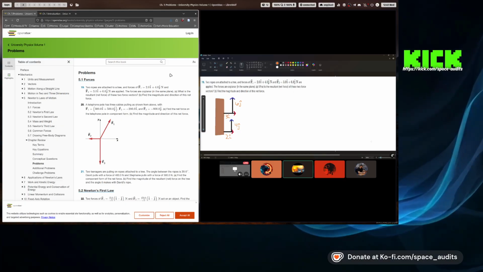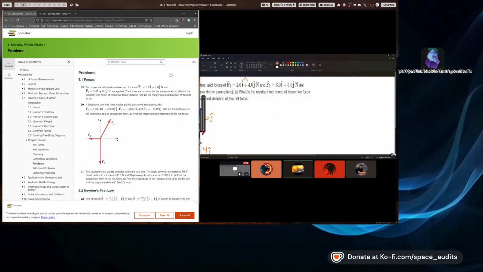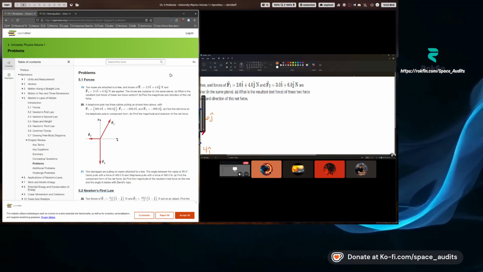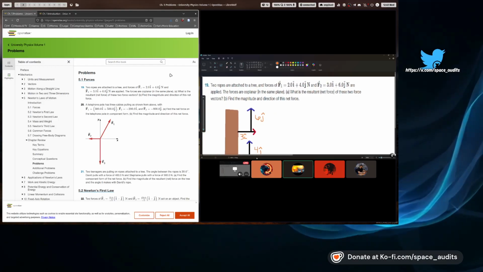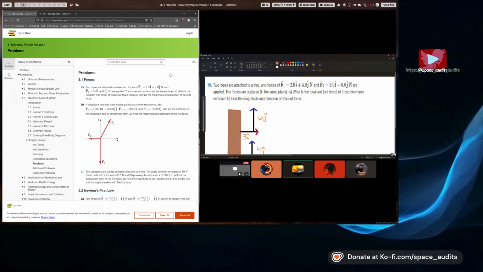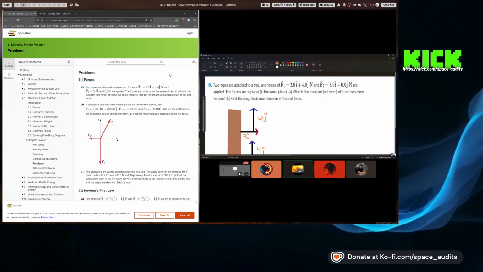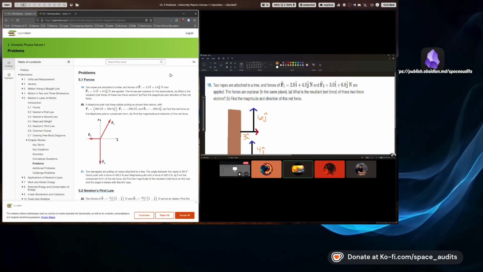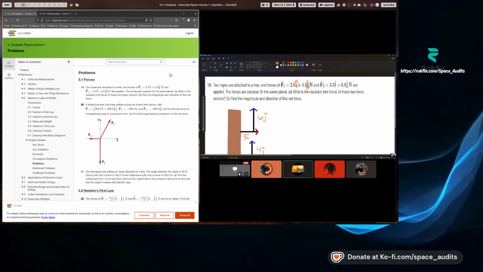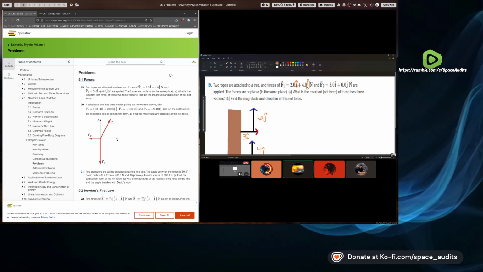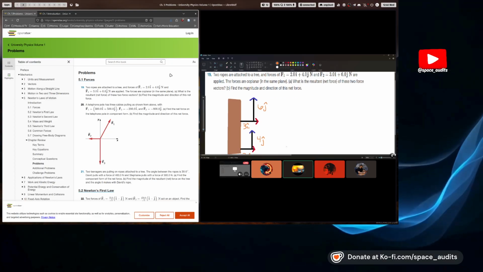It looks like a little hat symbol right there. You could say I hat or J hat. That's the way we talk about it when we're saying it out loud. But it's just the I unit vector, or the J unit vector. What this corresponds to is the X direction. I is the X direction and J is the Y direction. And then there's also K if you want Z, but this is just two-dimensional, so we don't have to worry about Z.